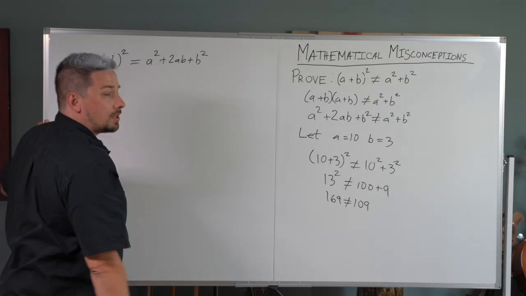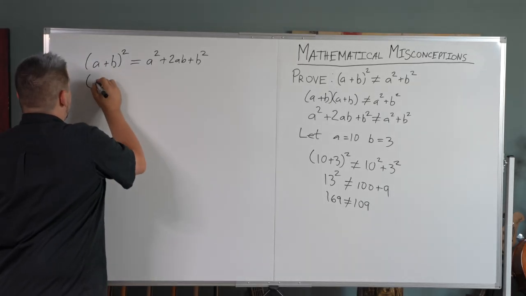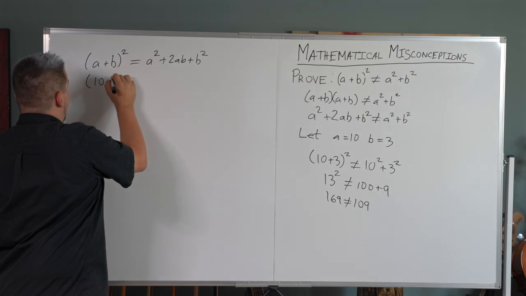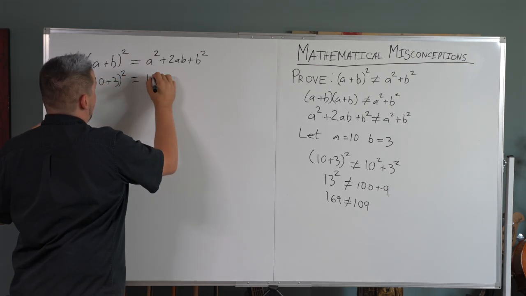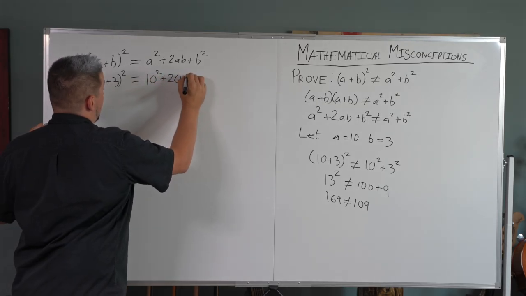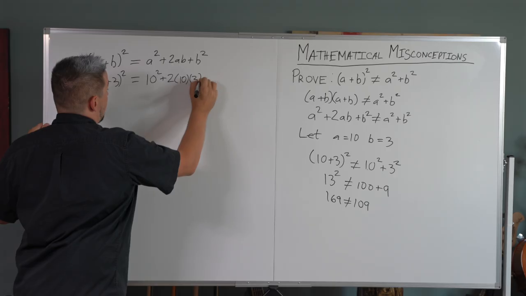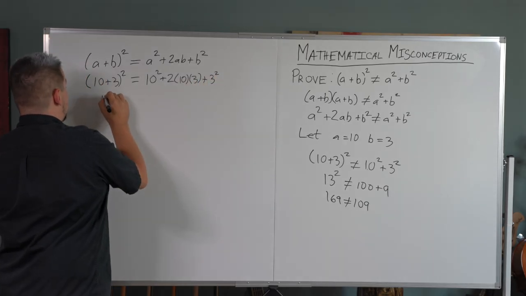Let's use our same numbers. Let's let a equal 10 and b equal 3. Let's just plug them in at first. Try not to cheat and go over steps. Let's just do this the right way. 10 squared plus 2 times 10 times 3 plus 3 squared. We know the left-hand side is 13 squared.